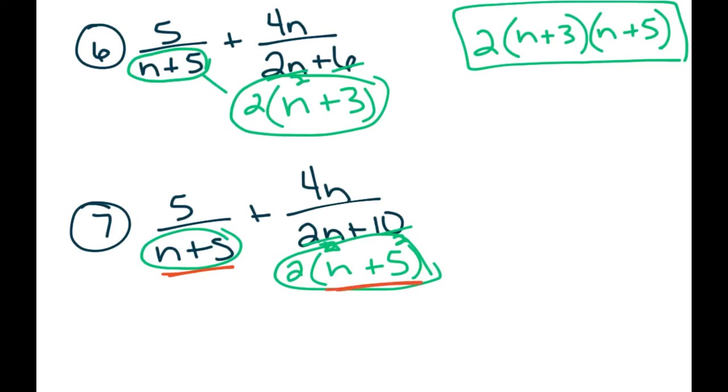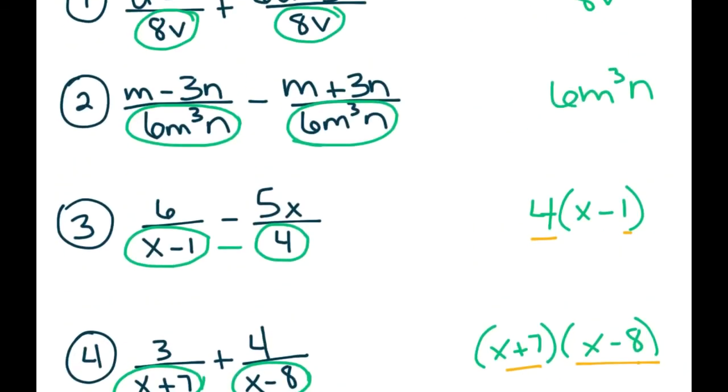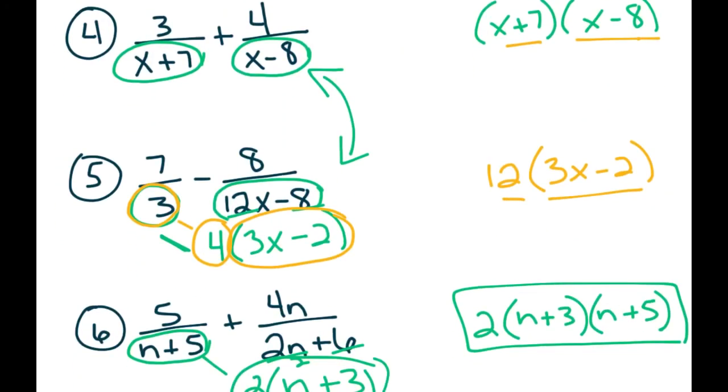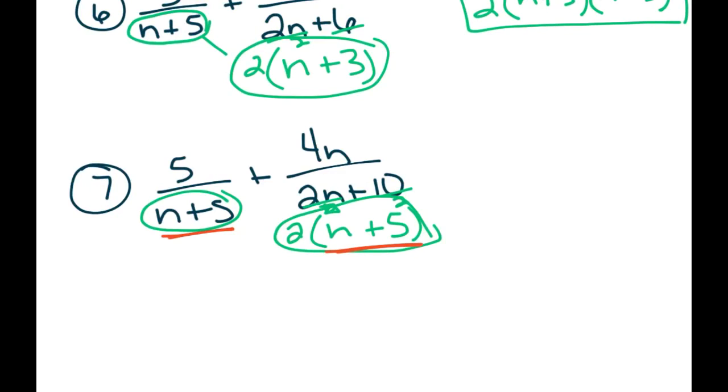If you have it in common in both, remember up here at the very top, when it was in common, that was just written once in our least common denominator. Same thing. Down here, I'm going to go ahead and write my n plus 5 one time. And that leaves the 2 that I need to bring along. So I did my n plus 5 once, and then I did my 2. So the things they have in common only happen once in the least common denominator. The things they don't have in common get combined.